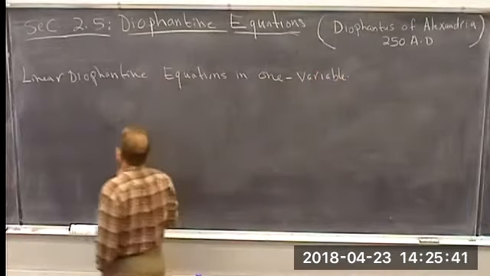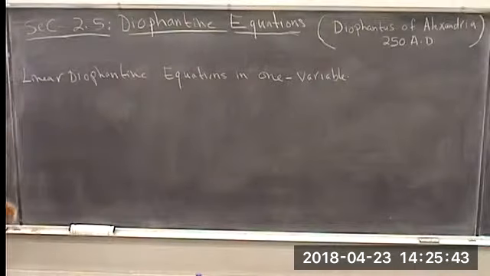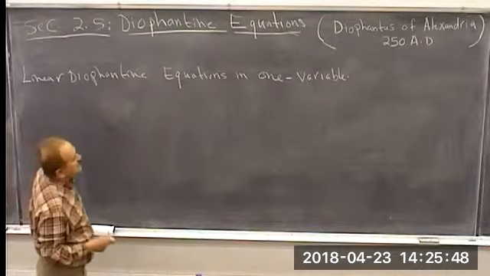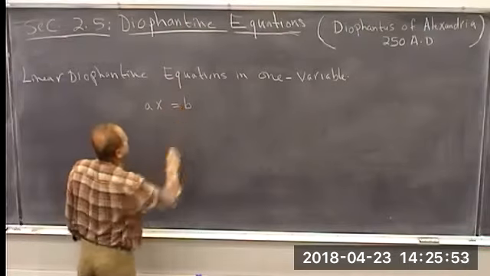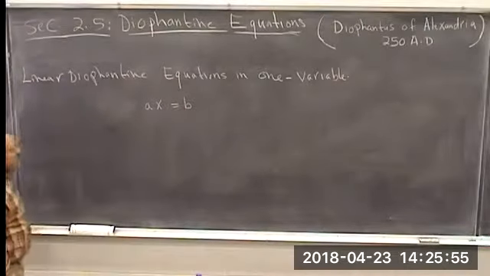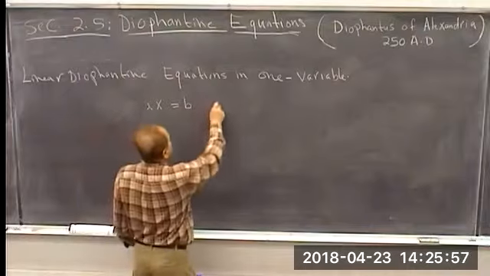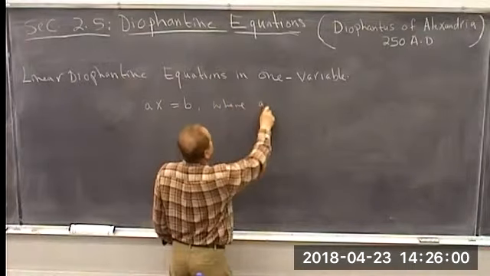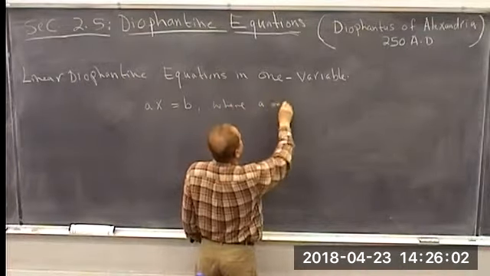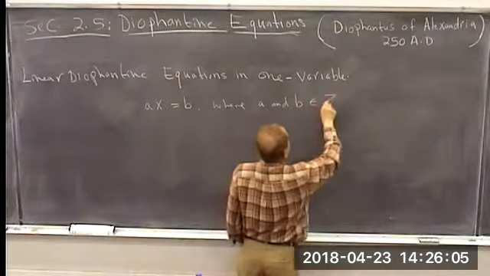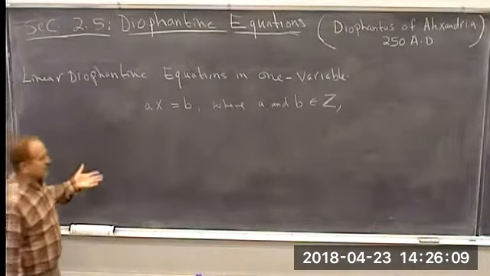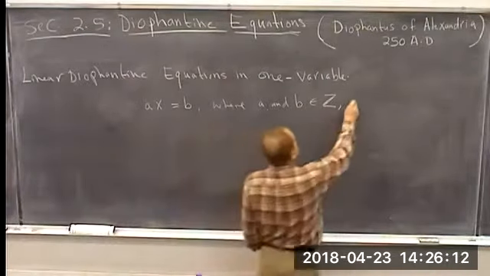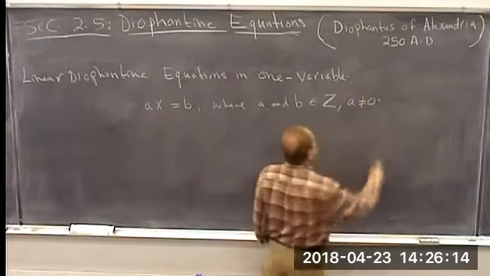This is similar to the linear equation in one variable that you see in algebra. So it is an equation which has this form, ax = b, where a and b are integers, and of course, we require a not equal to 0.